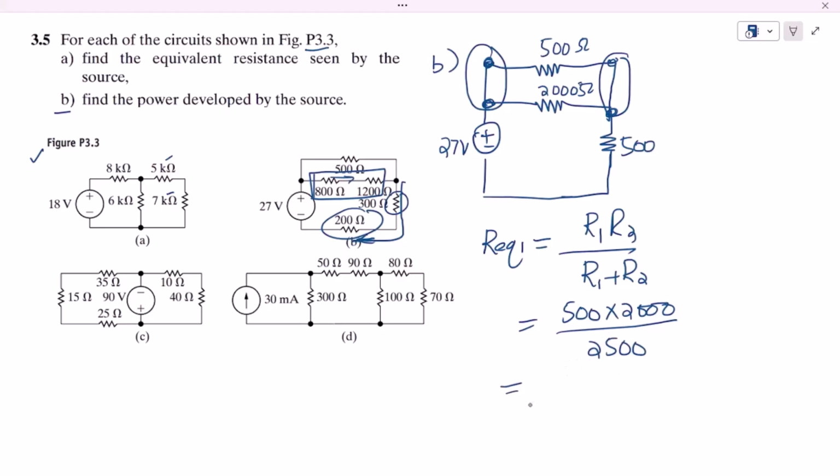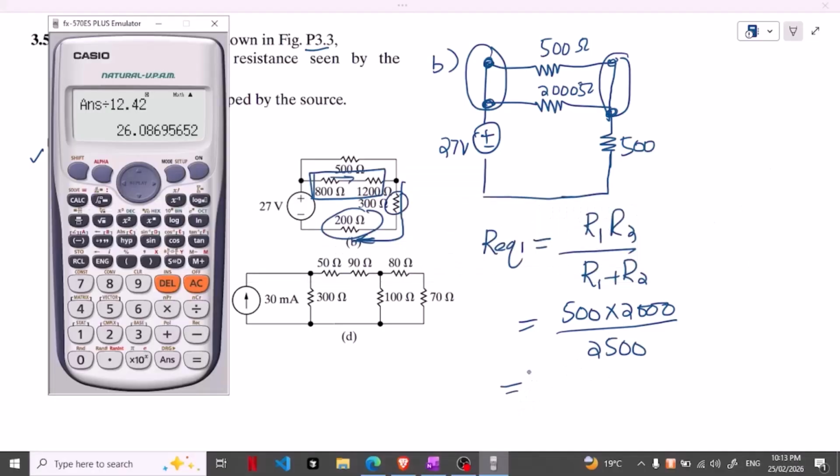It will be 500 multiplied by 2000, okay, divided by 2500, it is 400.